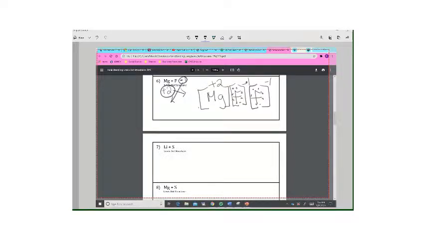You'd have 2 parts, the part with the lines and dots and arrows, and then the part that looks like this. Okay, so I won't go through the whole thing again, but I will just review with you how you find the charges on number 7. Find lithium on your periodic table, and it should be in column 1.